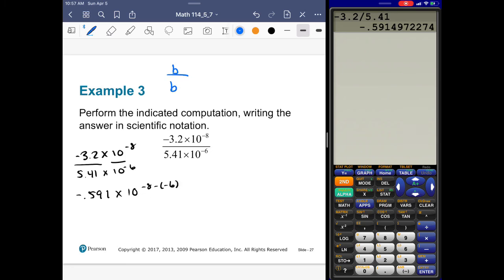Remember that we have the same base, so the exponents will subtract. This is because of that formula on top, and this second negative is because that's how it came. So now we have negative 0.591 times 10 to the negative 2. Now we need to move this one to the right, so this becomes negative 5.91 times 10 to the negative 3.